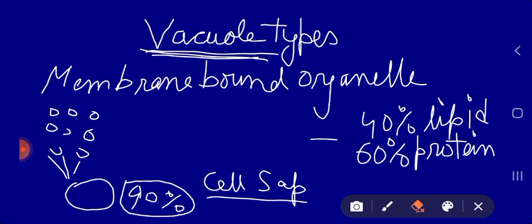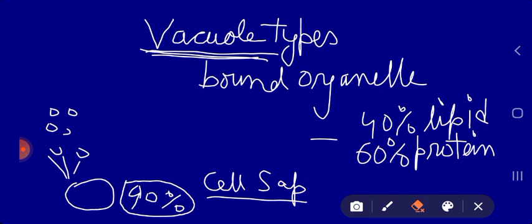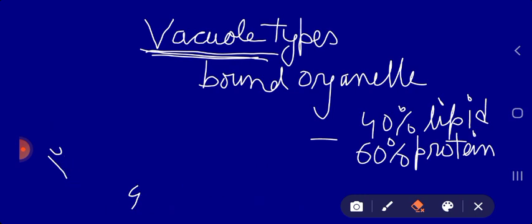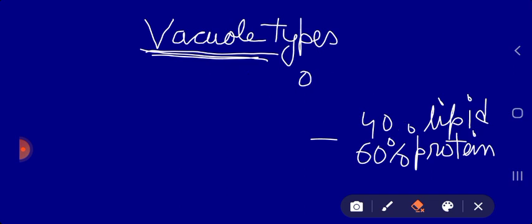Different types of vacuoles are observed depending on the requirement of the cell, as I have mentioned. So let me discuss these different types of vacuoles.